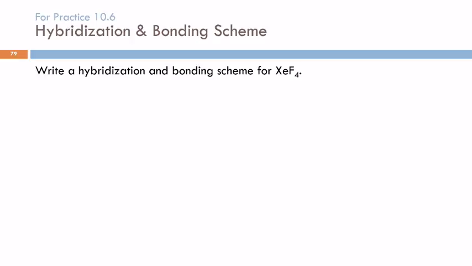Let's do this one. So xenon tetrafluoride. The first thing we have to do is the Lewis structure, right? So we've got xenon, and we must have the 4 fluorines around it. And then we have to ask ourselves, well, how many electrons? So we've got 8 from the xenon. There's 4 fluorines, and they each have 7.